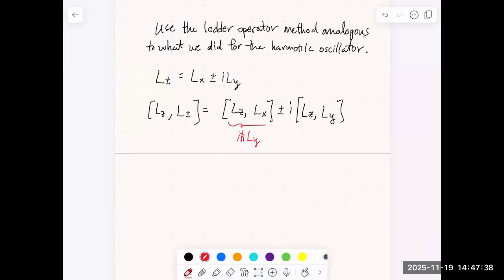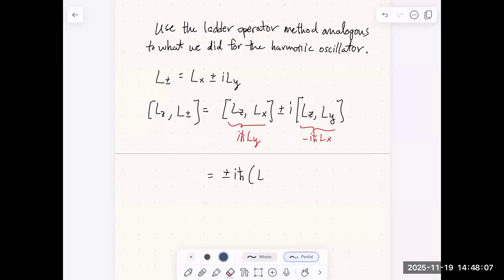It's going to be X, Y, Z, so this is going to have a minus sign: minus i h bar Lx. That must be what it is, and it is. Good. So this is equal to plus or minus i h bar, and then what do we have? We have Ly plus or minus Lx.